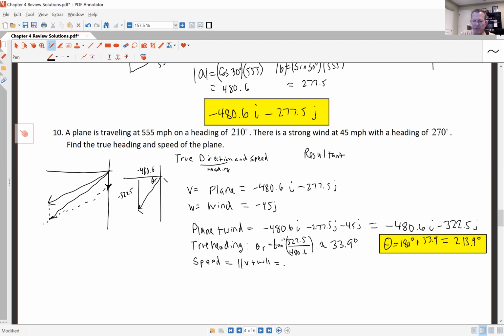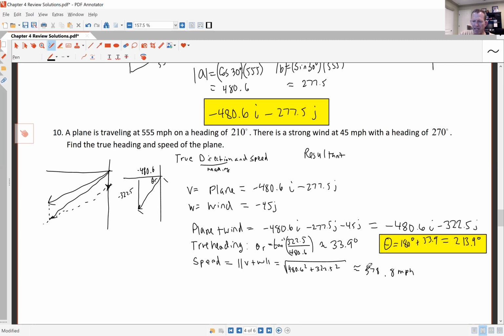And so we know that's equal to the square root of the sum of the squares, 480.6 squared plus 322.5 squared. And that gives us around 578.8 miles an hour.